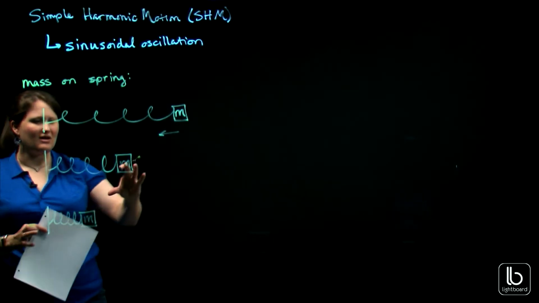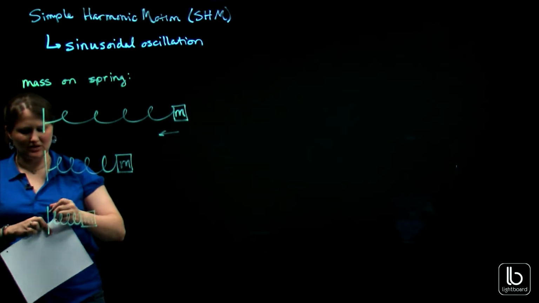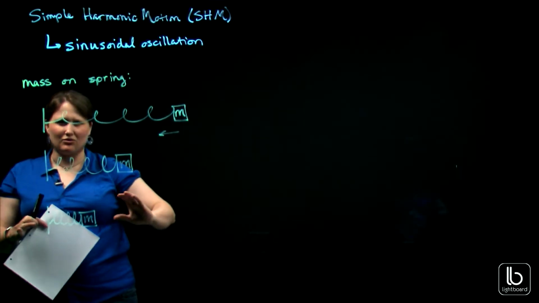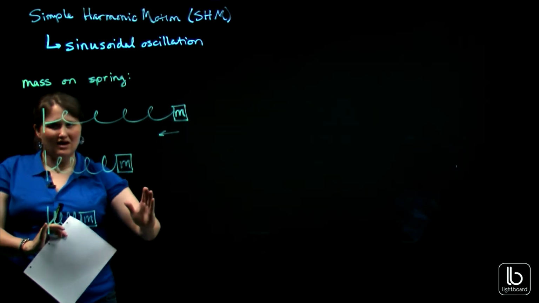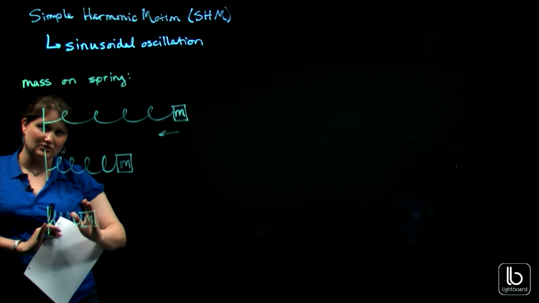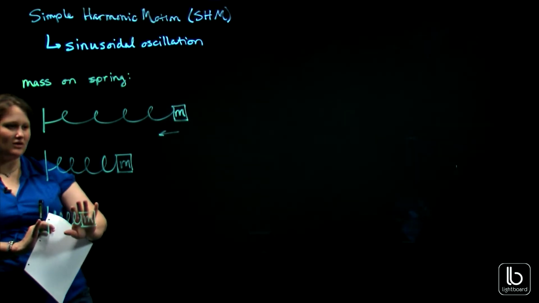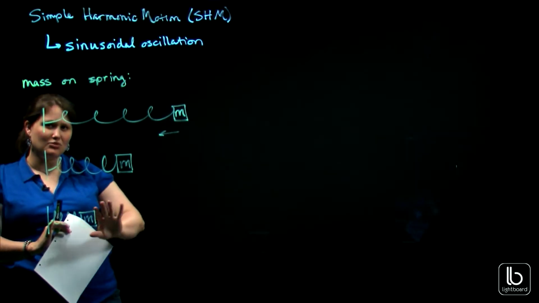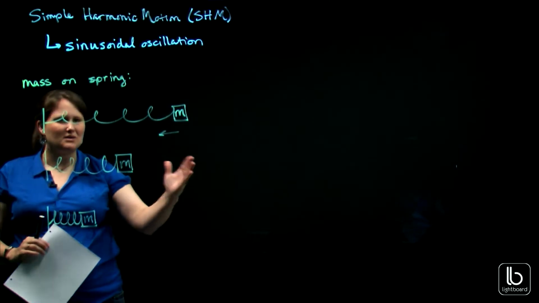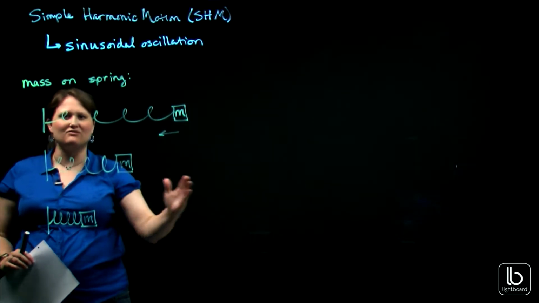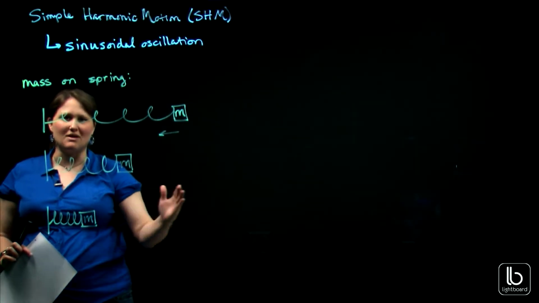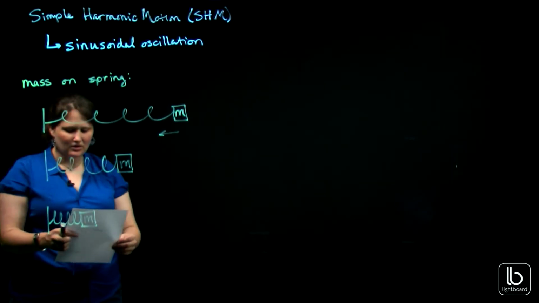And now I compress my spring. And when I compress my spring, I increase the spring force. And then I get to a point where the spring is going to push that mass back. So basically what I have is this back and forth motion of the mass on the spring.